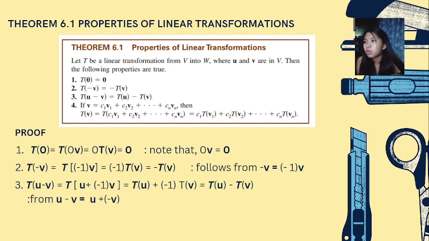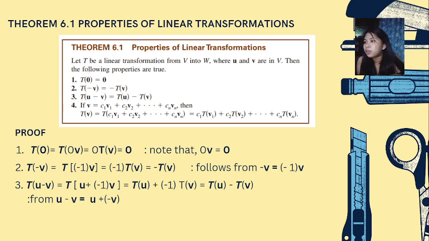To prove our first property, we have to go back to the discussion about the second property under the definition of linear transformation, which is T of c u, the scalar multiplication in V, is equal to c T of u, the scalar multiplication in W, wherein we say that T preserves scalar multiplication.